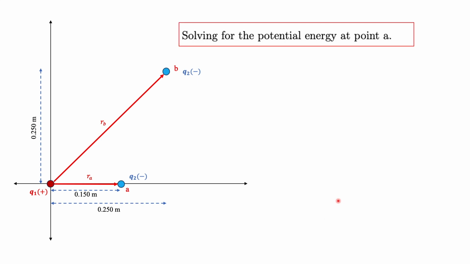Anyway, moving on, we need to solve for the potential energies. Specifically, we will first solve for the potential energy at A. The equation will just be K, Q1, the source charge, and Q2, the charge at position A, divided by R sub A.